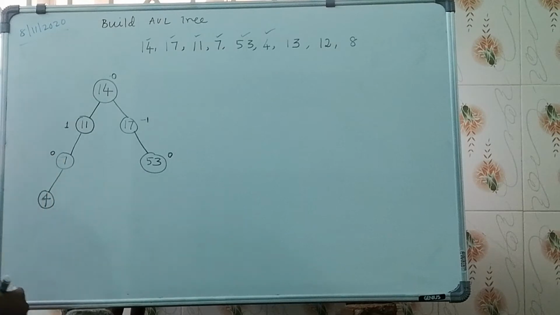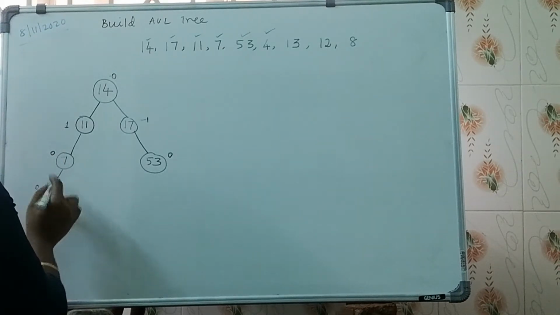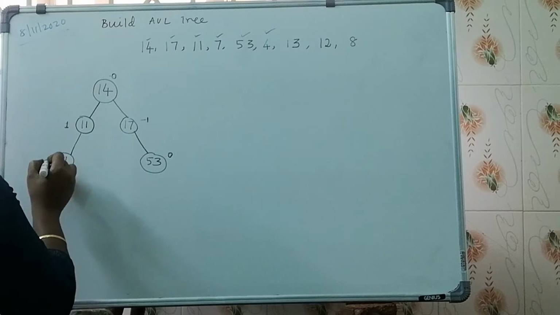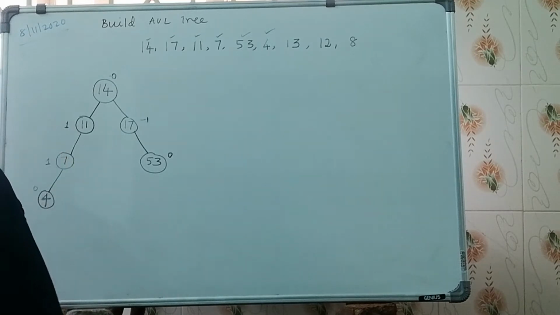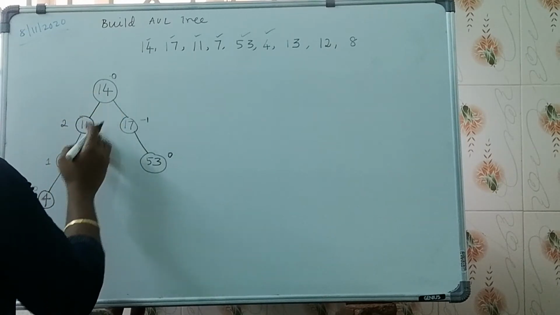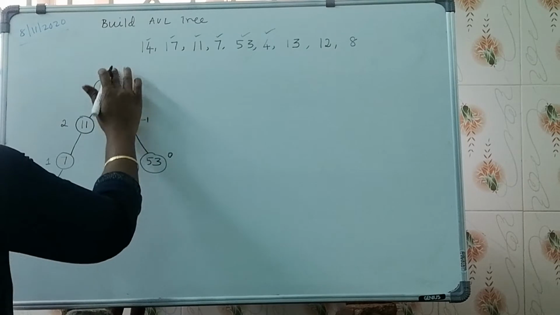Now after inserting 4, let us calculate the balance factor. For this it is 0, and for this it is 0, and this is 1, and for this node it is 2. Now for this node, 1, 2, 3 minus 2, which is 1.